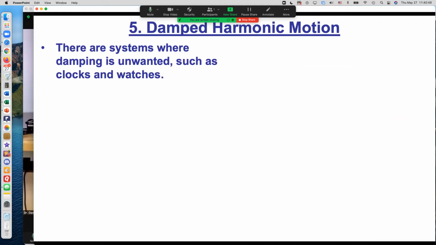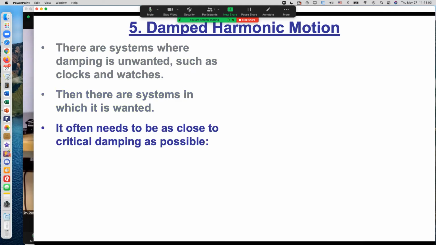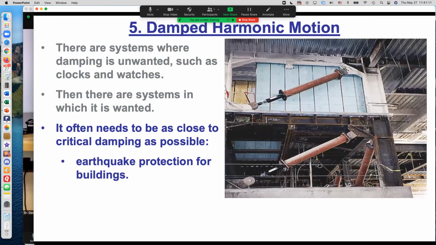Now, there are systems where damping is unwanted, such as clocks and watches, mechanical ones, right? And there are systems in which it is wanted, and it often needs to be as close to critical damping as possible, right? These are big shock absorbers that put damping on the structure of this building when an earthquake occurs.